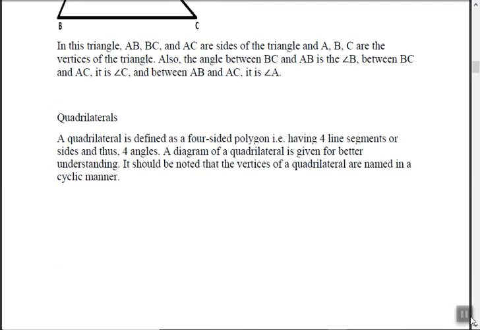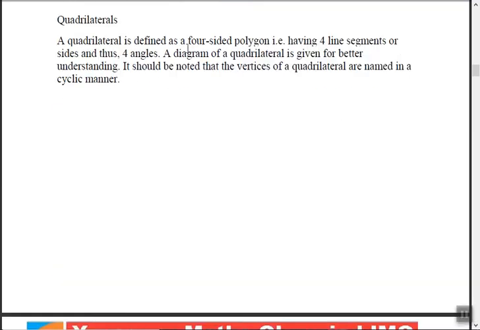Now quadrilaterals. A quadrilateral is defined as a 4-sided polygon having 4 line segments or sides and thus 4 angles. A diagram of a quadrilateral is given for better understanding. Important: it should be noted that the vertices of a quadrilateral are named in a cyclic manner. Always remember this.